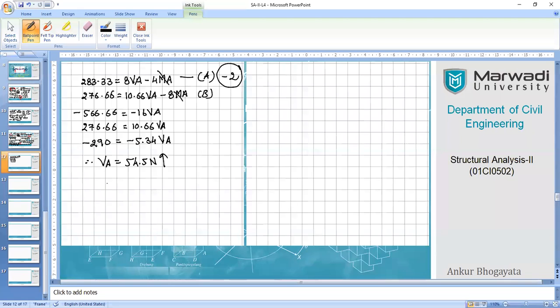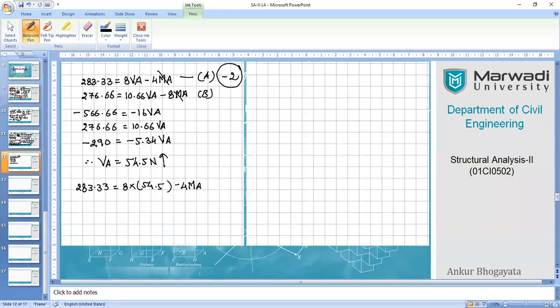Now we can use this information in other equations. For example, any of them, let's say equation A, to find the value of MA. So using equation A here: 283.33 equals 8 times 54.5 minus 4 times MA. You can use it here and get your answer for MA.